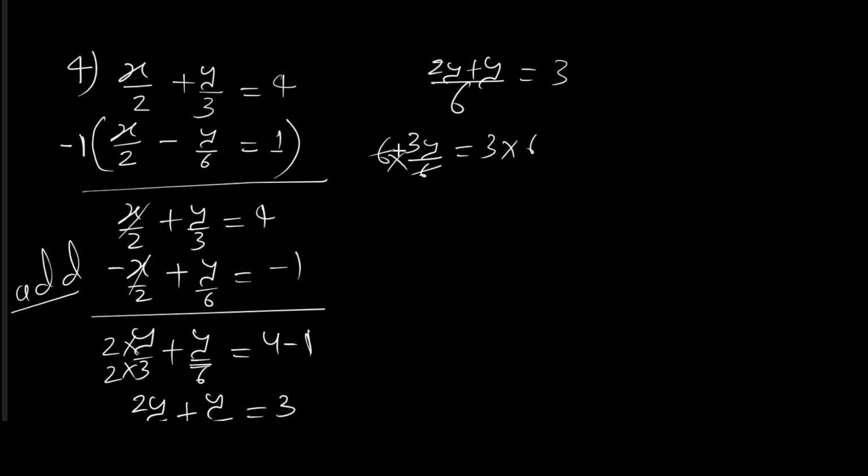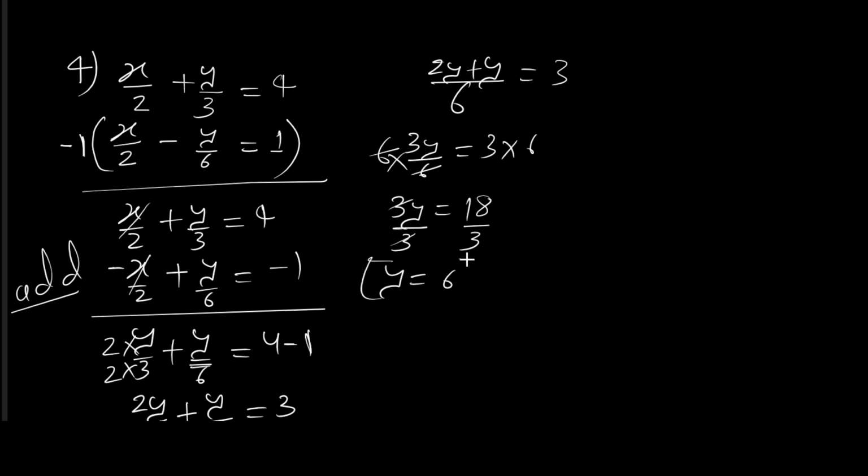So this 6 and 6 will cancel out. So 3y equals 3 times 6, which is 18. I'm going to divide both sides of the equation by 3 to undo this 3. So 3 and 3 will cancel out. So y equals 18 over 3 gives us 6. So we have y equals 6.